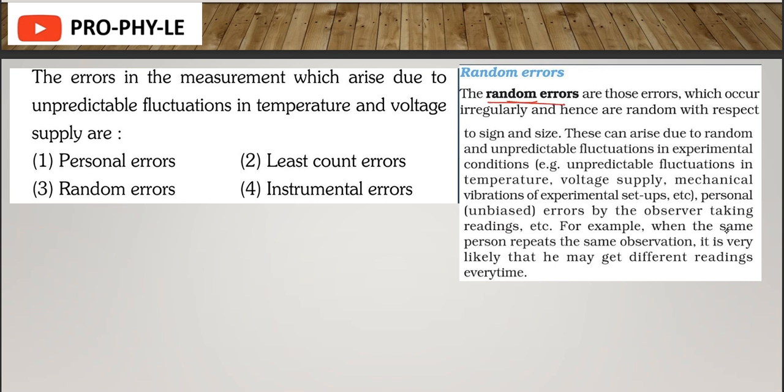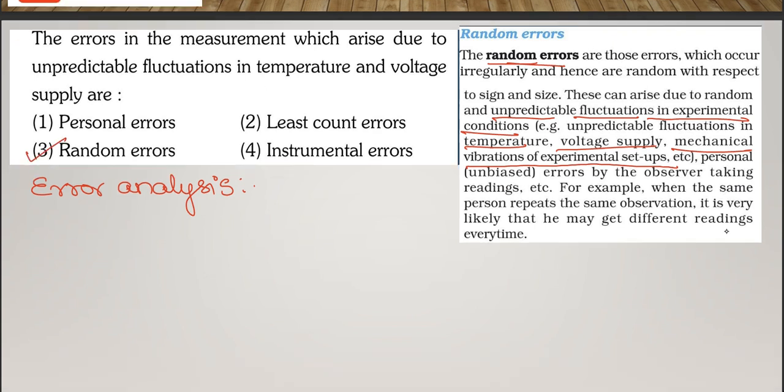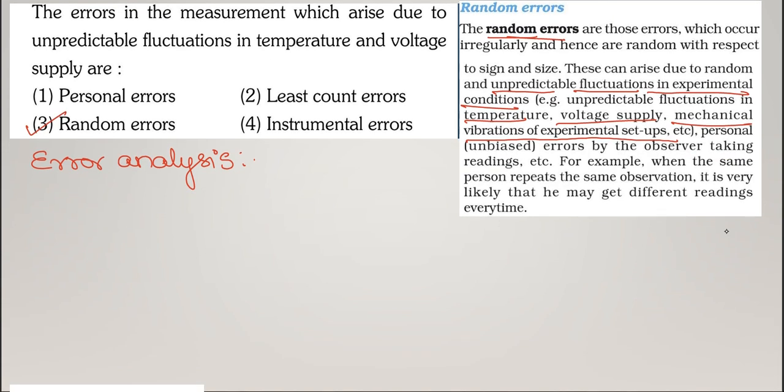The definition of random errors was given: unpredictable fluctuations in experimental conditions, that is temperature, voltage supply, or mechanical vibrations of experimental setups, etc. This is from the error analysis subtopic in units and dimensions and error analysis. This is a direct NCERT line, so if you know that point from NCERT, then you can mark that option as random errors.